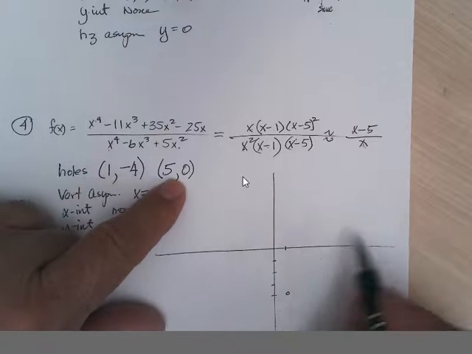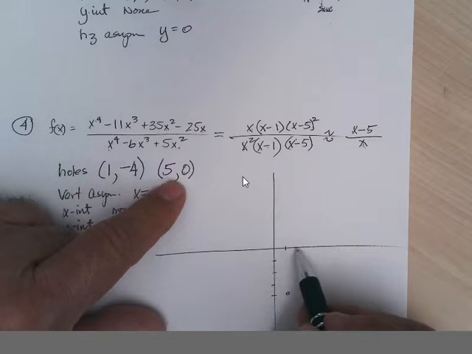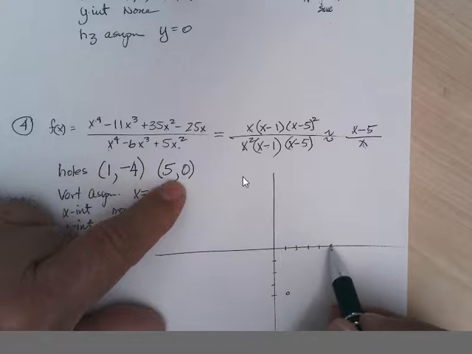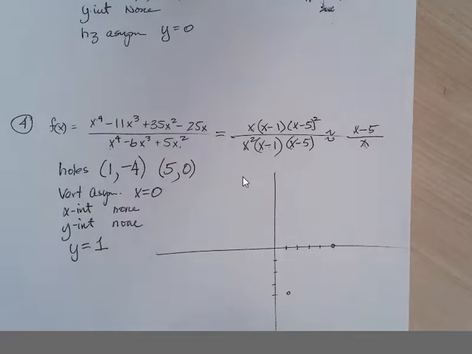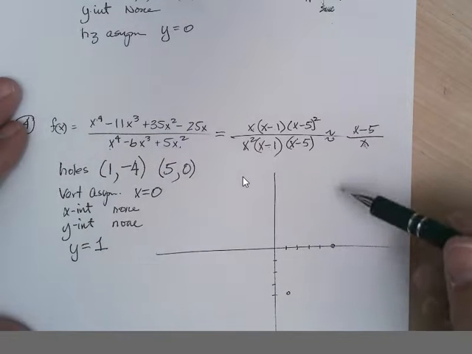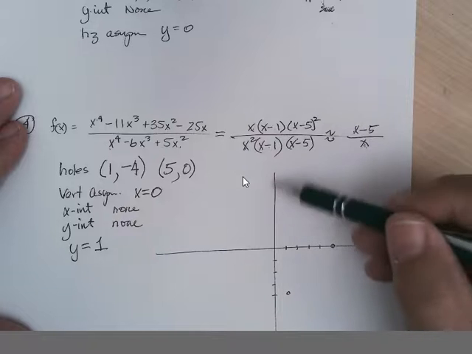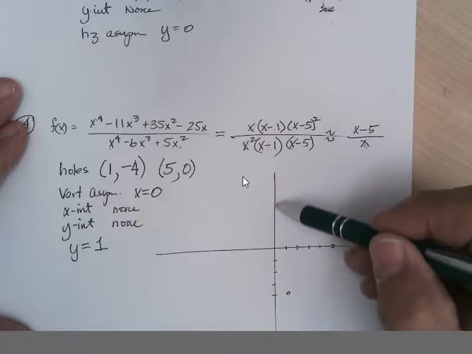I believe there's a hole at 5, 0. 1, 2, 3, 4, 5, 0. It's also, let's see, and there's an asymptote at 0.